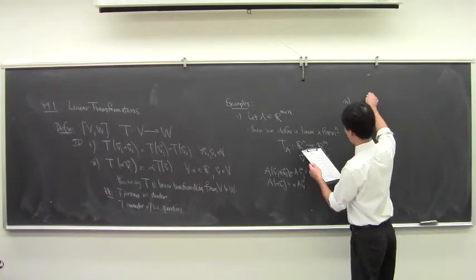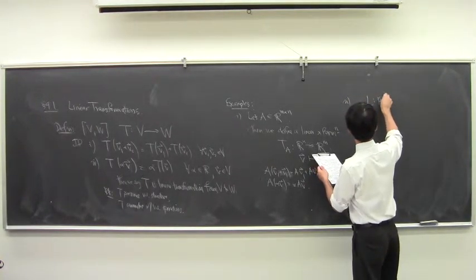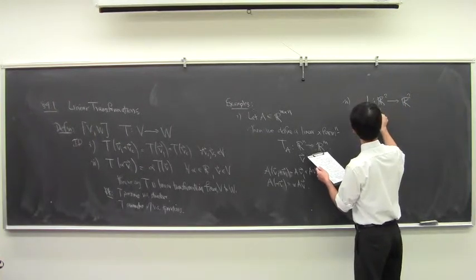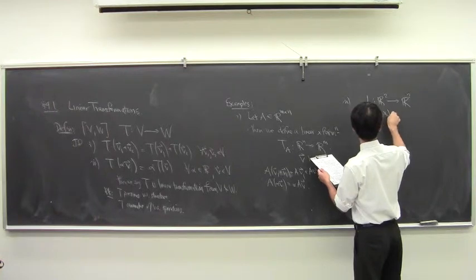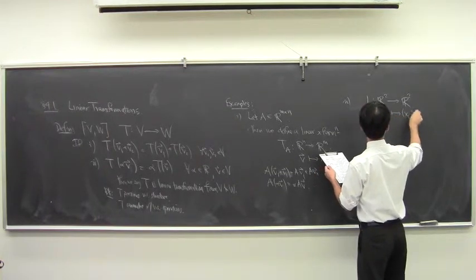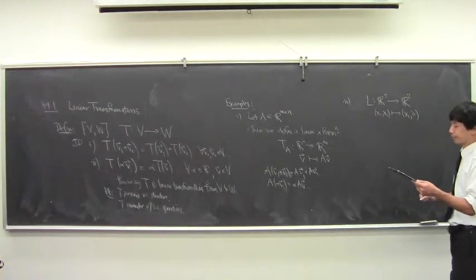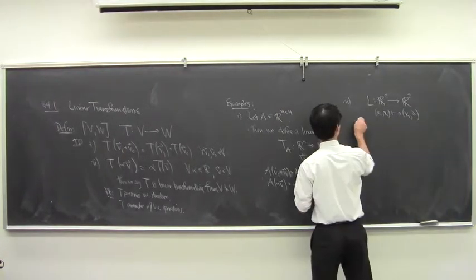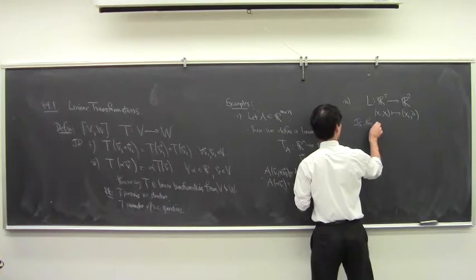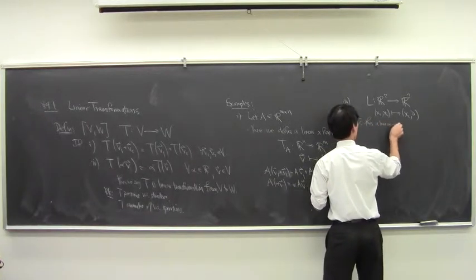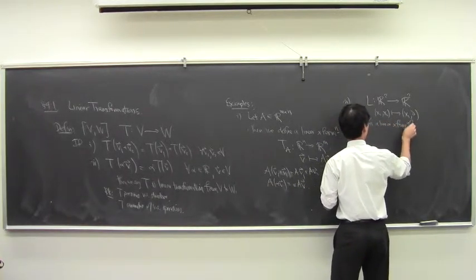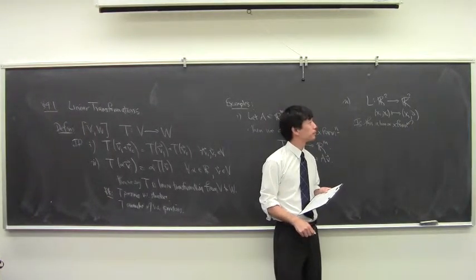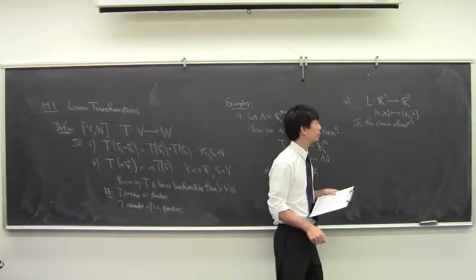Number 2. Let's make a map from R2 to R2 that takes x1, x2 to x1 comma 0. Is this a linear transformation? Well, let's look at it.